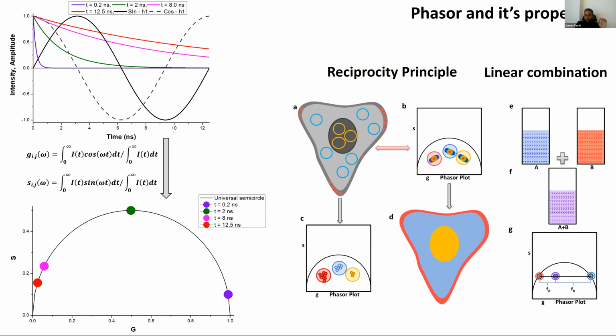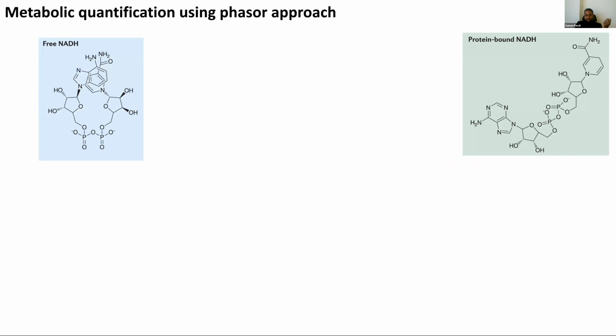That gives us an opportunity to use this and go back and see what the actual fractional intensities are. So in terms of metabolic quantification using the phasor approach, you have free NADH, where the 2 rings up here are collapsed on top of each other. I can show it easily in the protein bound structure, where you have this ring and this ring, where the adenine and so on are on top of each other.